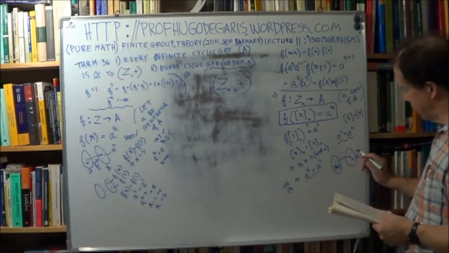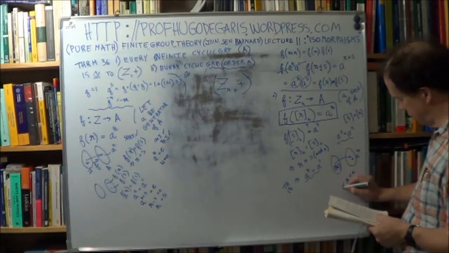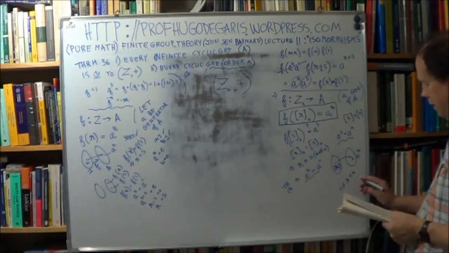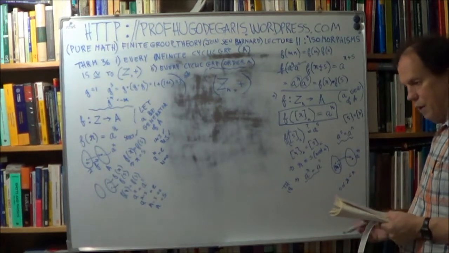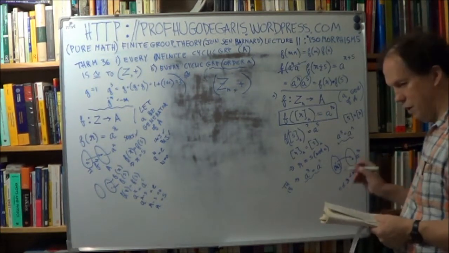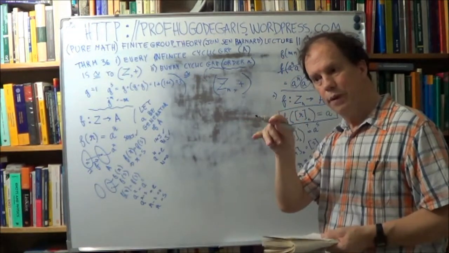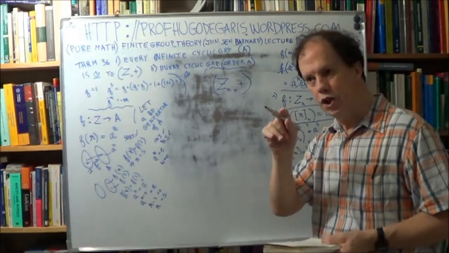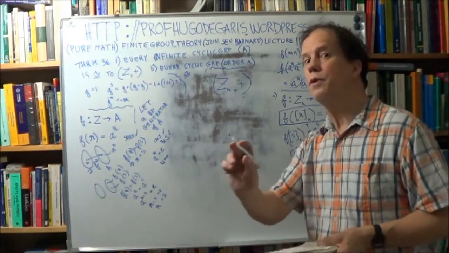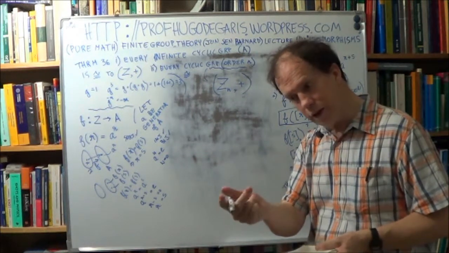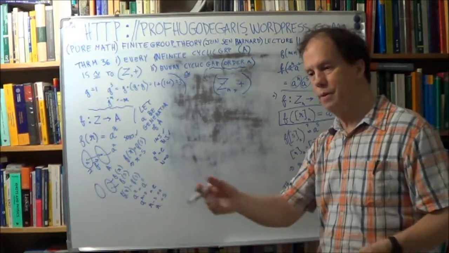And by the way, this r will be less than n and greater than or equal to 0. Why? Because it's a cyclic group. In a cyclic group, the order of the generator, in other words the order of a particular element, is equal to the order of the group, because that generator generates the whole group.